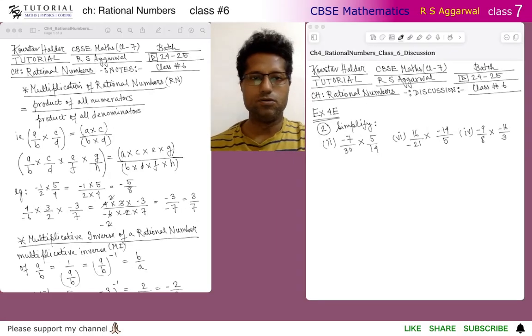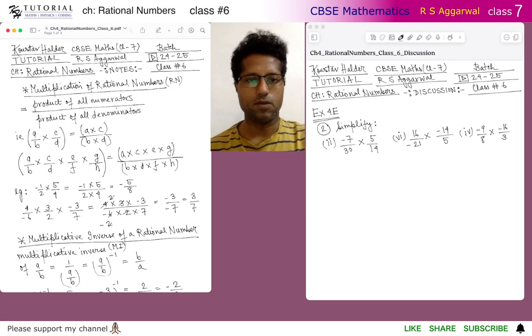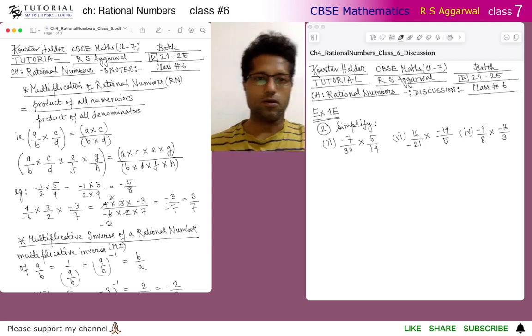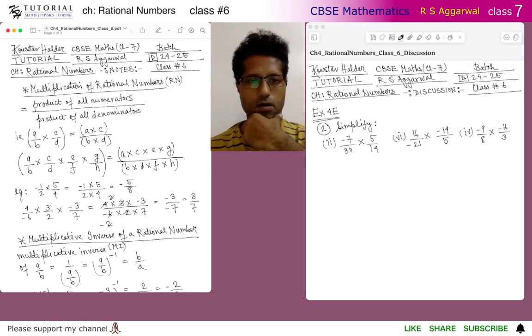As usual, on the left hand side I have my notes prepared for division and multiplication of rational numbers, and on the right hand side I will solve the problems from the textbook. So how do we multiply rational numbers?